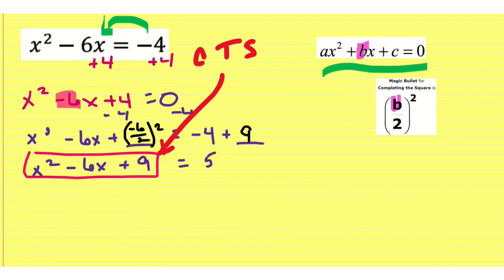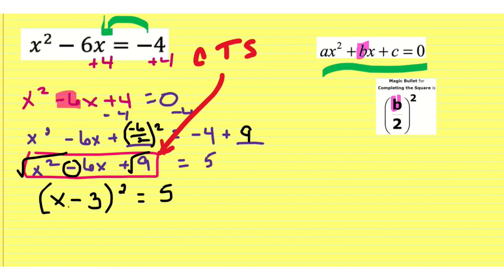Okay, once it is a perfect square trinomial, that means I can factor it according to a pattern. So I'm going to take the square root of x squared and the square root of 9. I'm going to put the square root of the x squared in the front. I'm going to put the square root of the 9 in the back. That's 3. I'm going to bring this negative sign down, that minus sign, and then I'm going to square it. And then that's still going to be equal to my 5 that's up here.